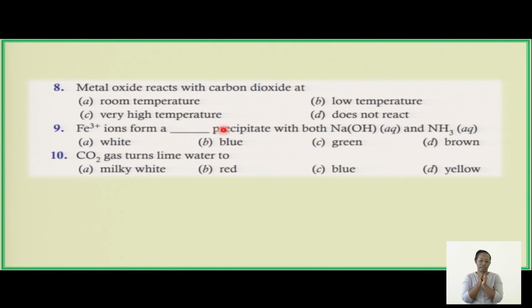You will choose the color of the precipitate with both sodium hydroxide in aqueous solution and ammonia in aqueous solution. A, white, B, blue, C, green, and D, brown. So you have to choose the right color. And the last, carbon dioxide gas turns lime water to A, milky white, B, red, C, blue, and D, yellow. You will choose the right color.